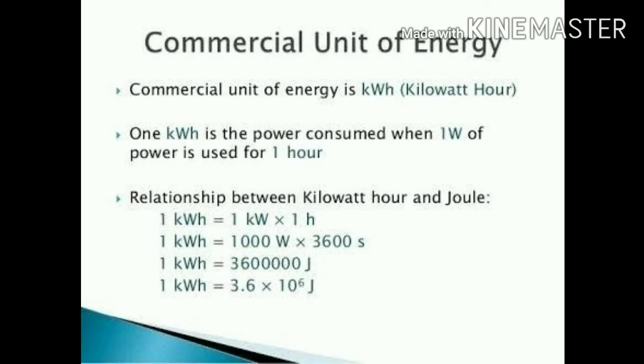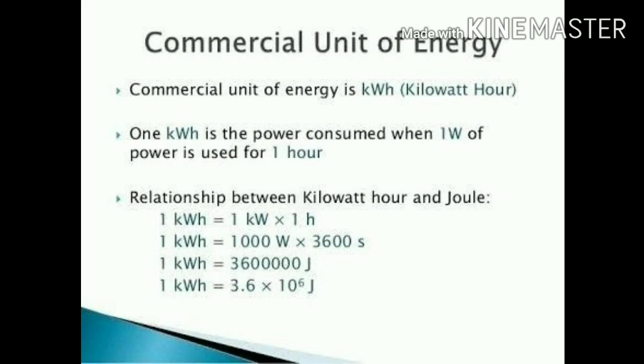1 kilowatt hour is equal to 1 kilowatt into 1 hour. As we know, 1 kilowatt is 1000 watts and 1 hour is converted into seconds, that gives us 3600 seconds. When you multiply this, we get 3.6 into 10 to the power of 6 joules.